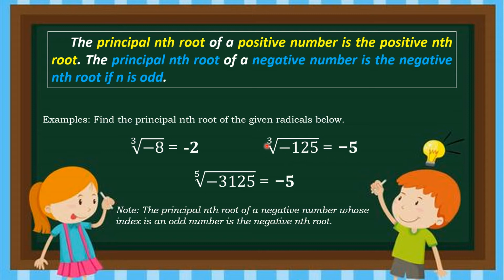Laging titignan na ang negative radicand ay inaalaw natin sa mga odd numbered indices. Okay, yung last example is the fifth root of negative 3,125. The answer is negative 5. Let us take note that the principal nth root of a negative number whose index is an odd number is the negative nth root.